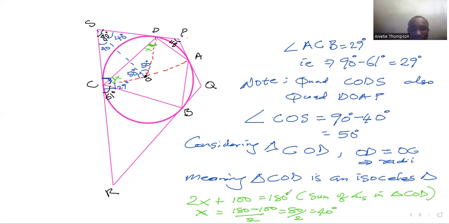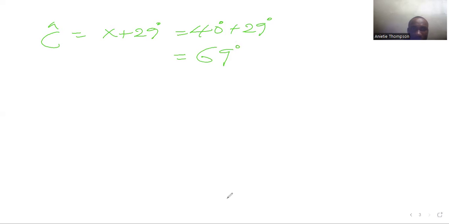So we have angle C equals X plus 29 degrees, and X equals 40, so 40 plus 29, and that is 69 degrees.